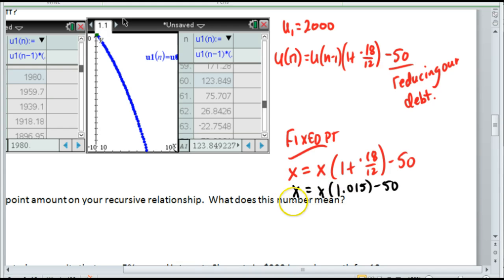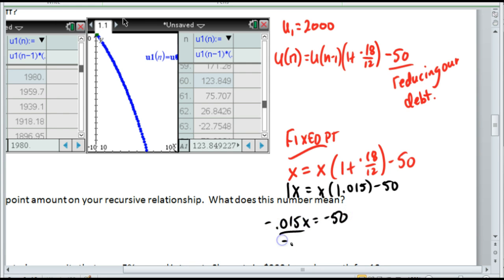So I'm going to get all my x's on one side. So this is 1x minus this times x, and so I'm going to be left with negative 0.015 x is equal to negative 50.